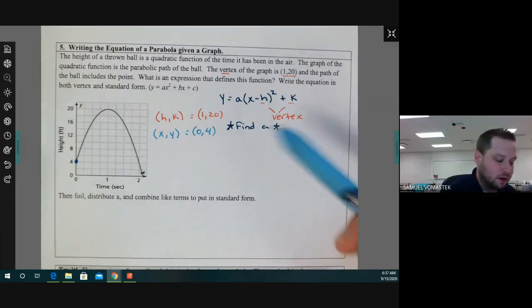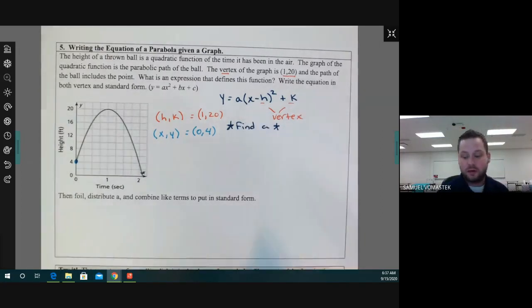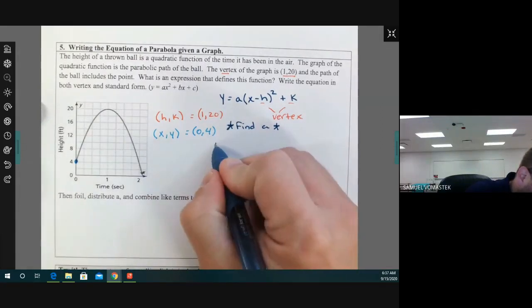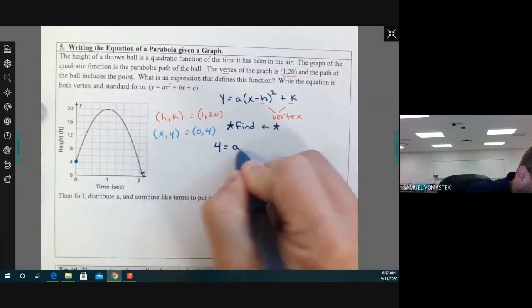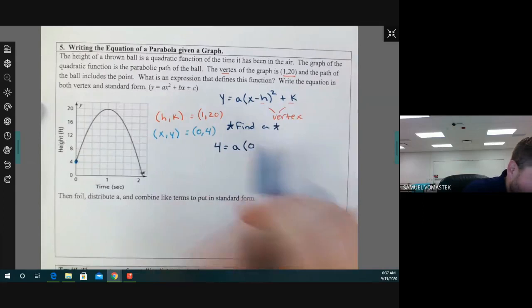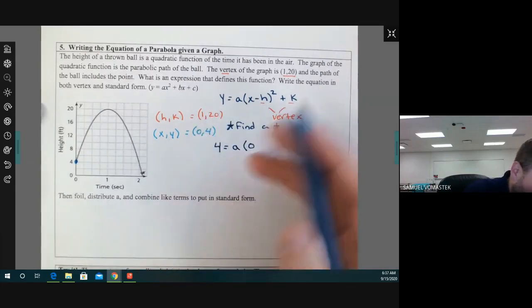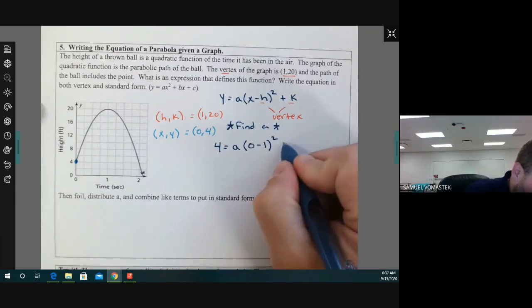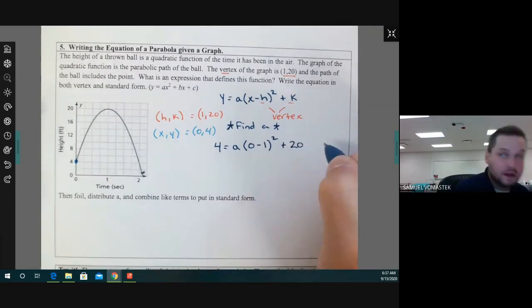Now that I have my vertex and my (x, y) point, we're going to substitute in. We know that y is going to be 4. We do not know a, that's what we want to find. x is 0, h is 1, so minus 1, and we square that. Then I have my plus 20 on the outside because that is k.